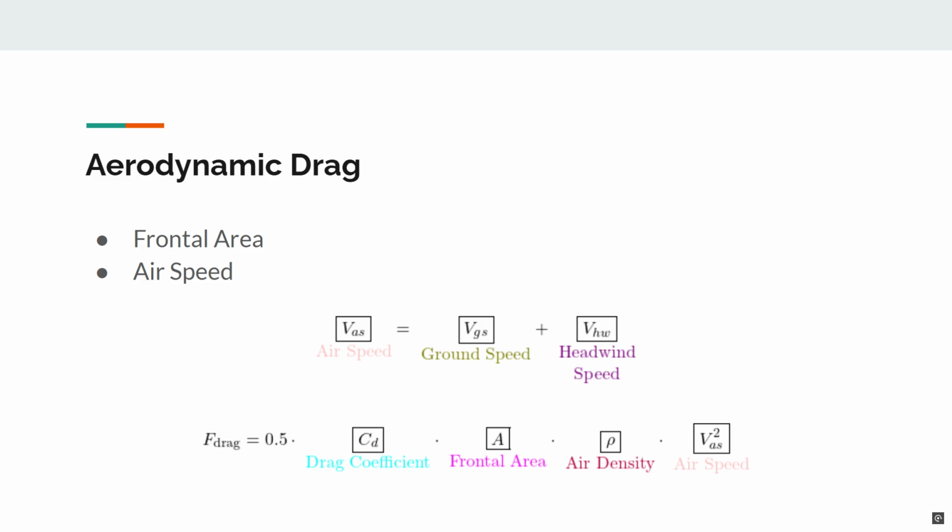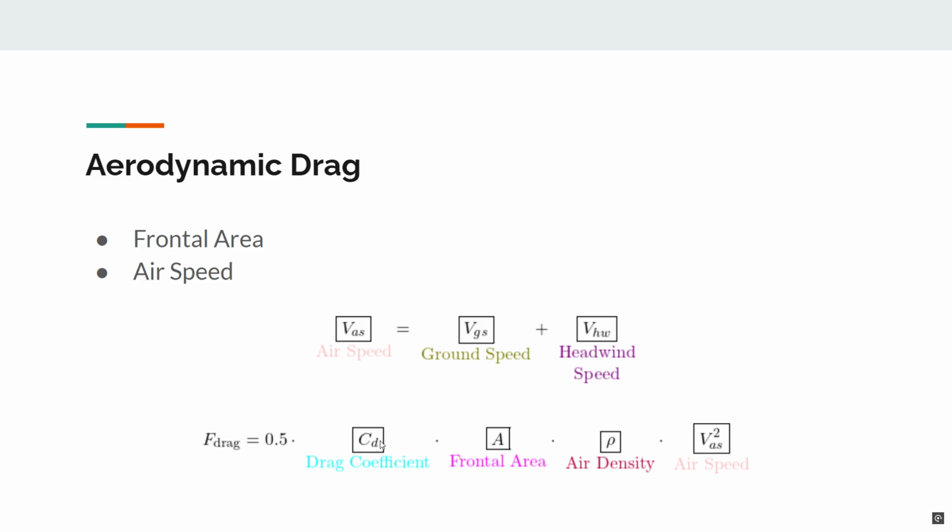Your drag coefficient also changes based on the position on the bike and on what you're wearing, so it's a complex argument. In this case, we just consider a constant basic drag coefficient that can be like 0.5, 0.55, 0.6.